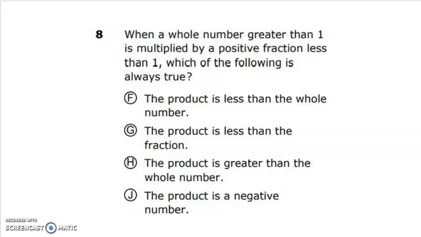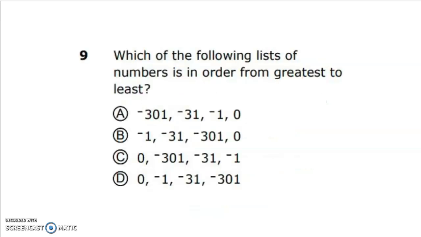Number 9. Which of the following lists the numbers in order from greatest to least? A. Negative 301, negative 31, negative 1, 0.